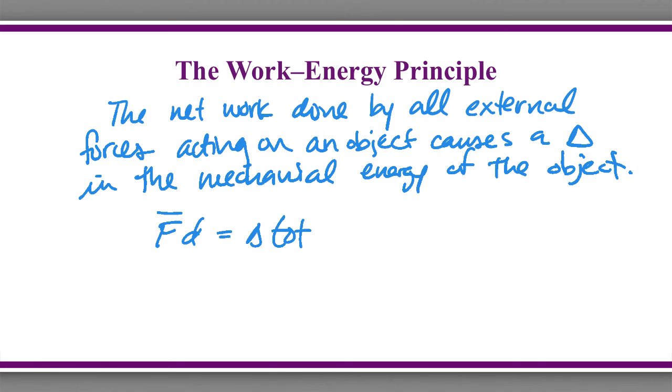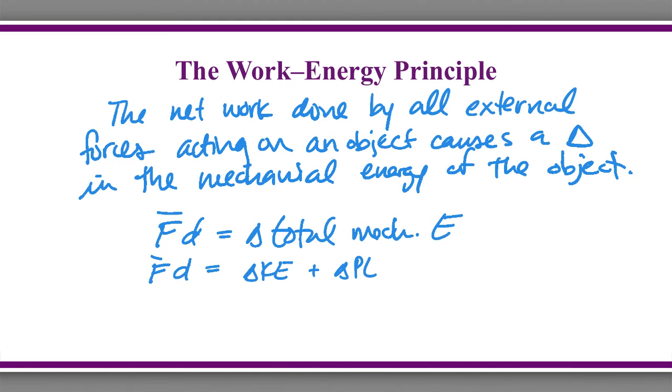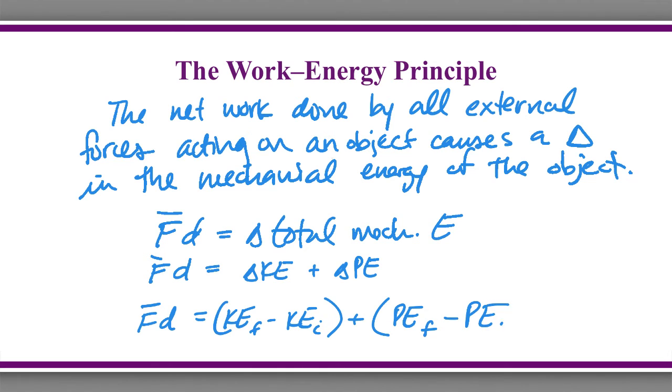FD is the total change in mechanical energy, where FD is equal to the change in kinetic energy plus the change in potential energy, which can also be written as FD equals KEF minus KEI plus PEF minus PEI, where this is final kinetic energy minus initial kinetic energy plus final potential energy minus initial potential energy, which is equal to the total net work done or total change in mechanical energy of a system.